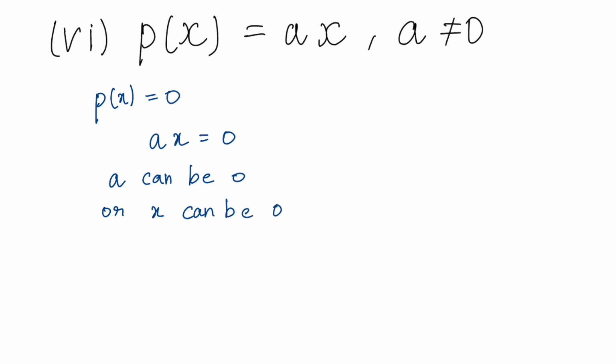Okay, similar to the previous question, but in the question they have given that a is clearly not equal to 0. Okay, so in that case you can avoid this case, right? a cannot be 0 in this case, so x has to be 0.